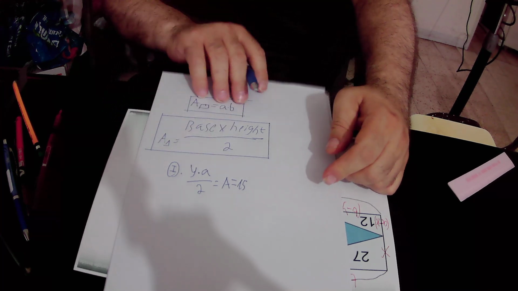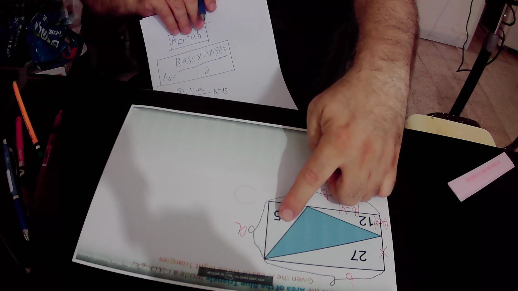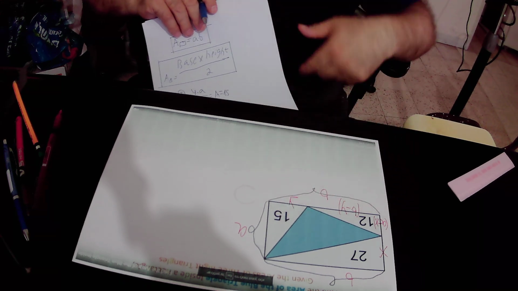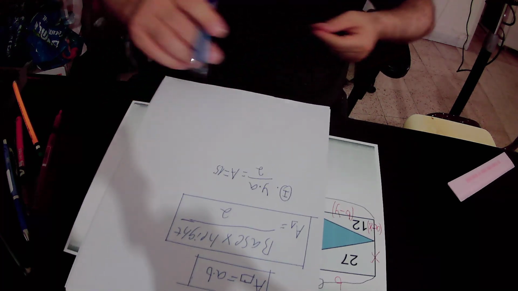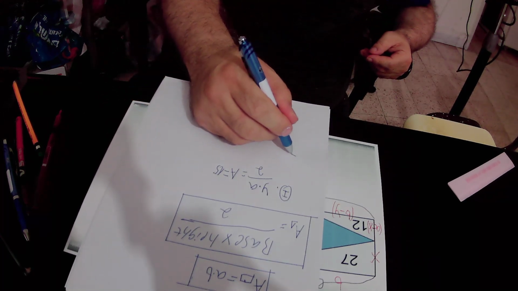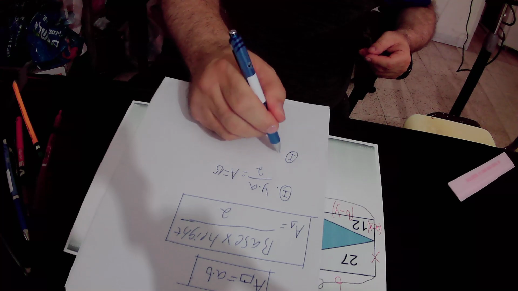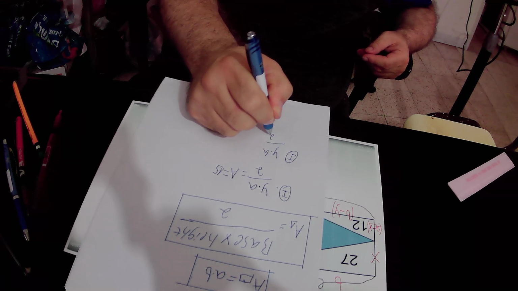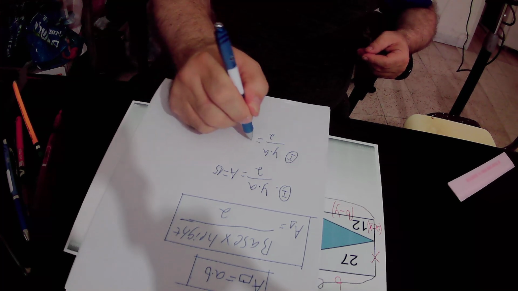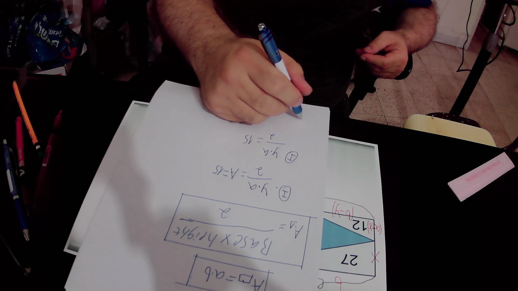The area of this triangle is given to us as 15 units. Okay, we can write the formula again: y times A divided by 2 equals 15 units.